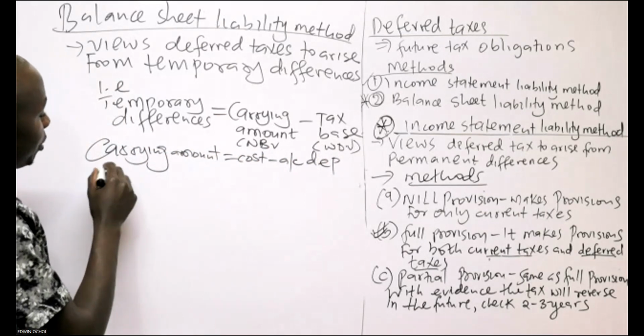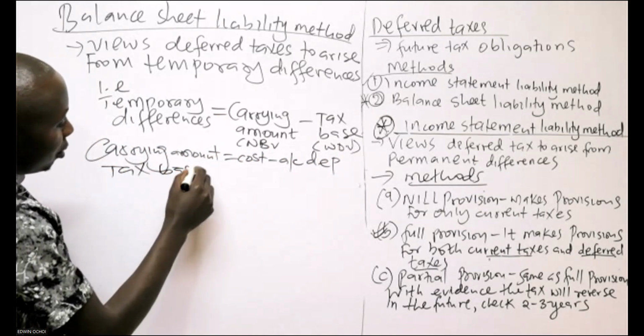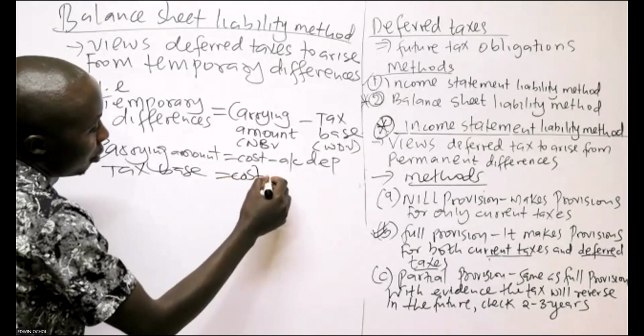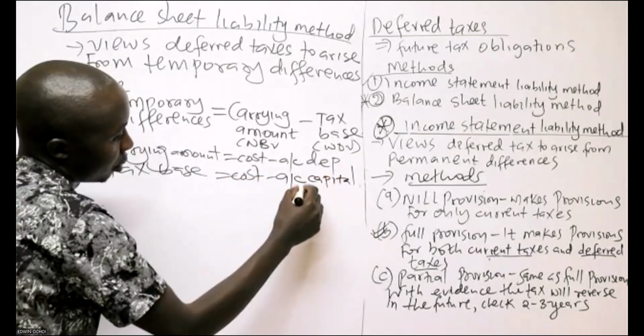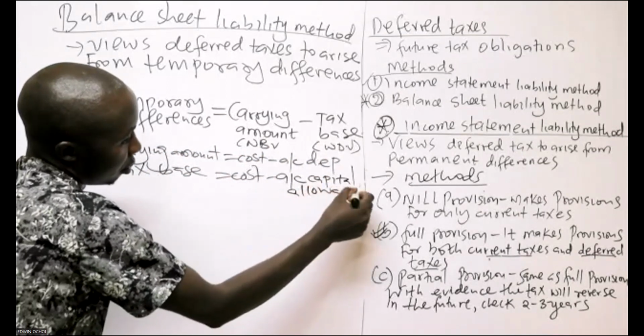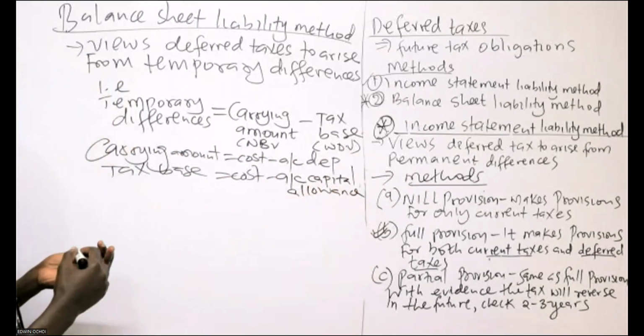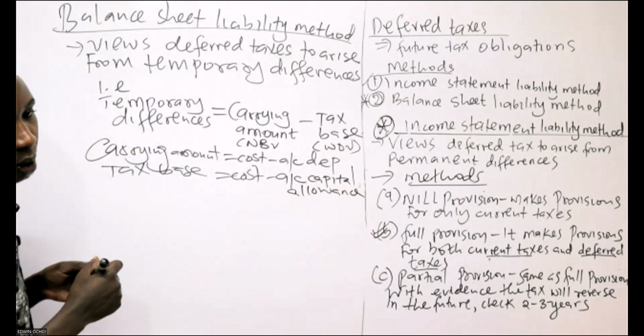When we talk about tax base, it is equal to the cost minus accumulated capital allowance.